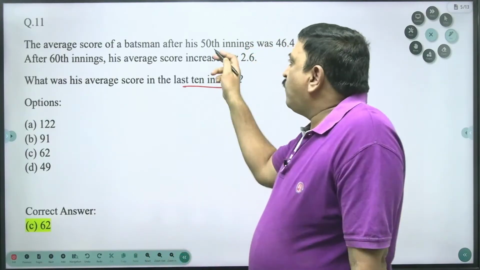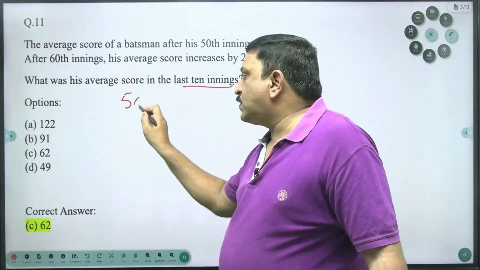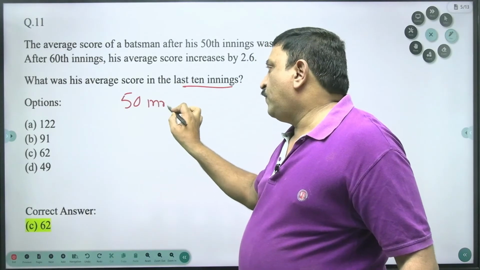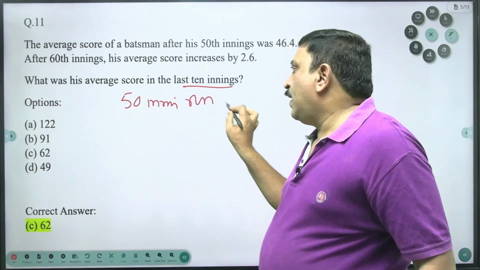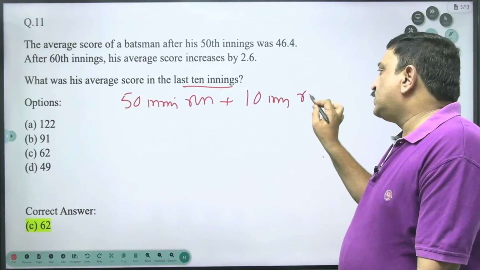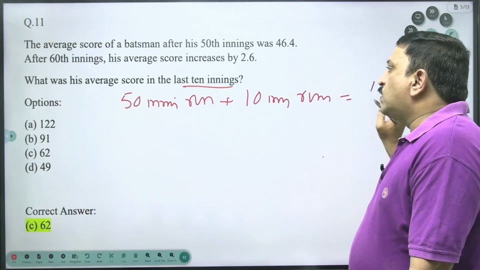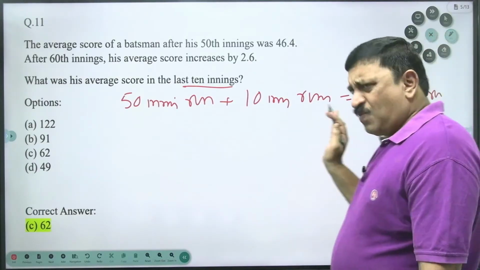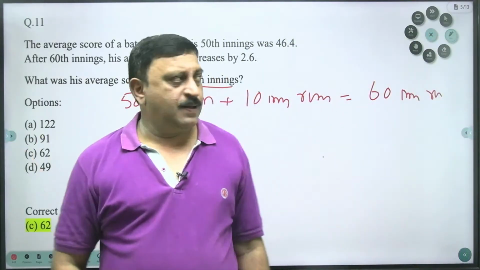So he played first of all 50 innings. Later on he has taken another 10 innings runs and together it is equal to 60 innings runs. This is the overall total runs, right?